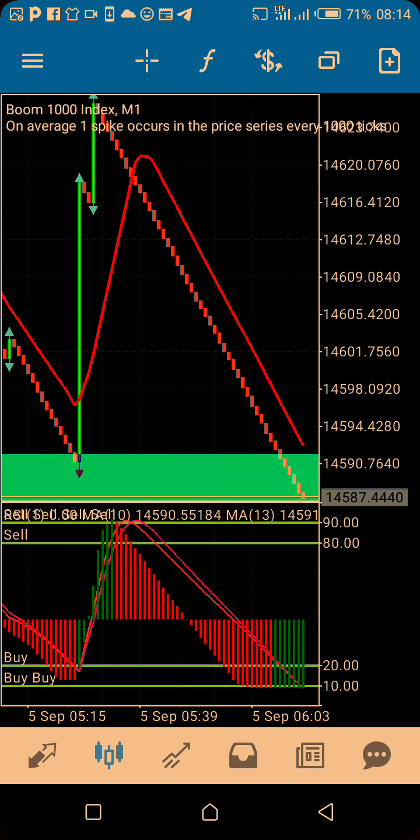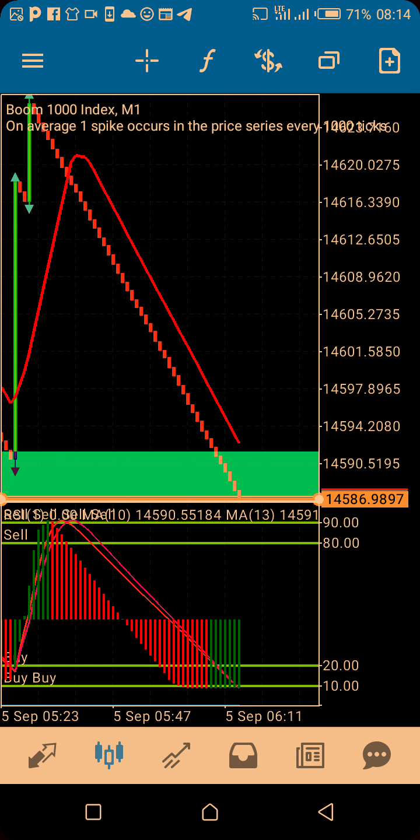So a lot of buyers withdraw from the market. But when the market begins to go closer to the support level, the price becomes cheaper and cheaper and cheaper. So a lot of buyers are now preparing to come in.